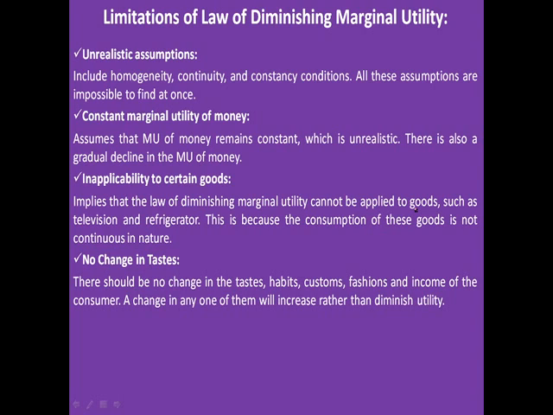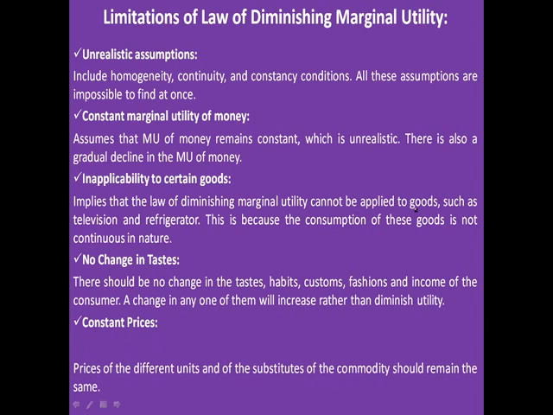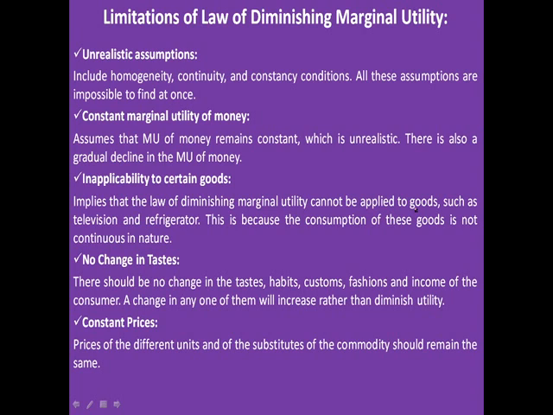A change in any one of them will increase your level of utility rather than diminishing utility. Then constant prices. Prices of the different units and of the substitutes of the commodity should remain the same. That is the assumption of this law of diminishing marginal utility, but in real life it is a limitation, because prices of the commodity keep on changing, not only of the same goods but also of the substitute commodities.